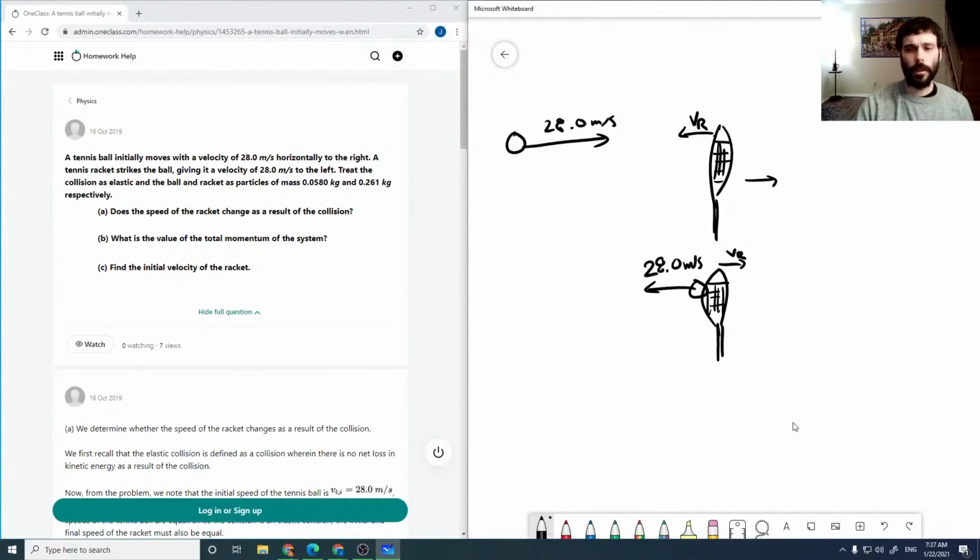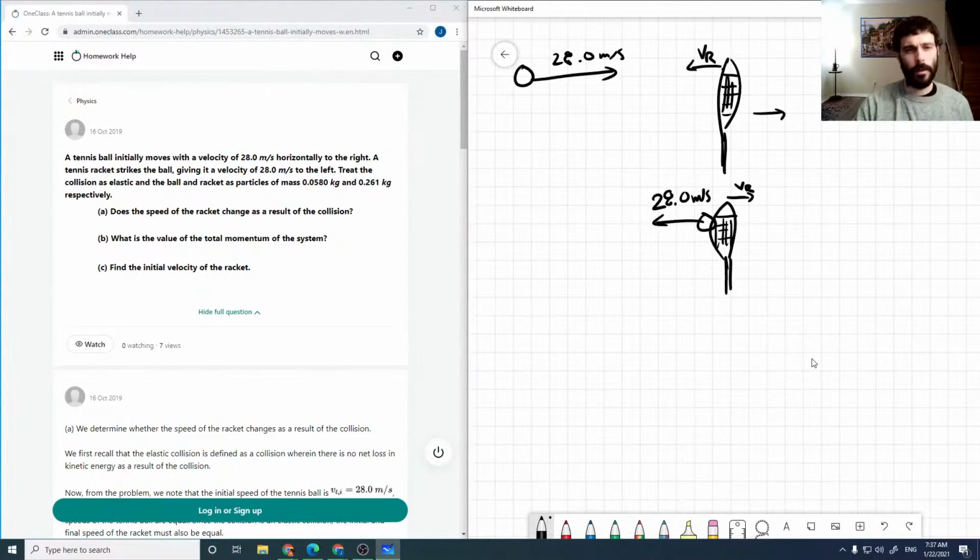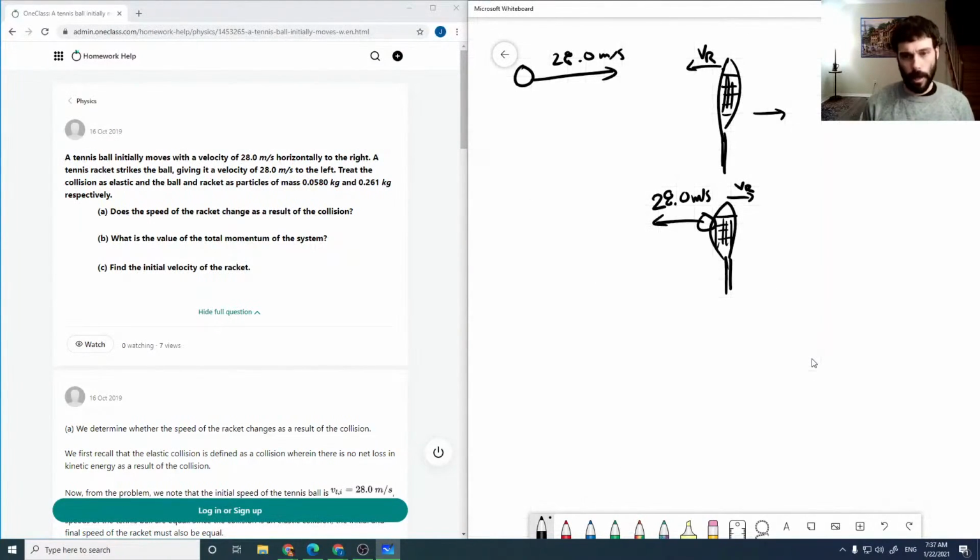And so if we treat the collision as perfectly elastic, and we treat the ball as a particle of mass 0.0580 kilograms, and the racket as one of 0.261 kilograms.